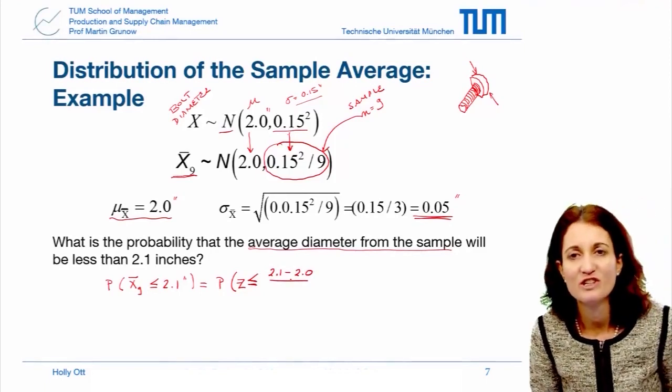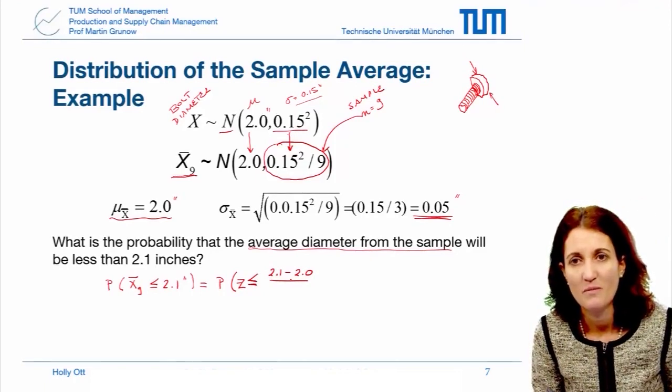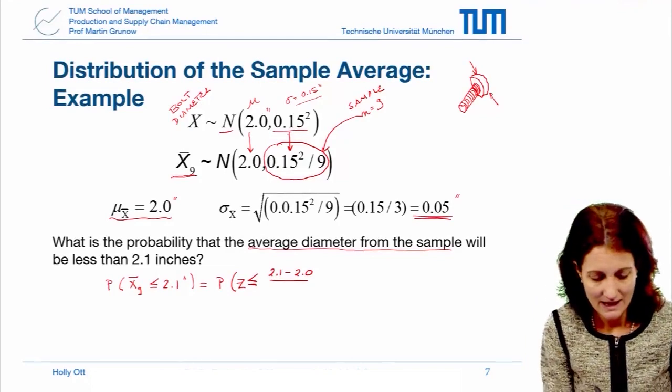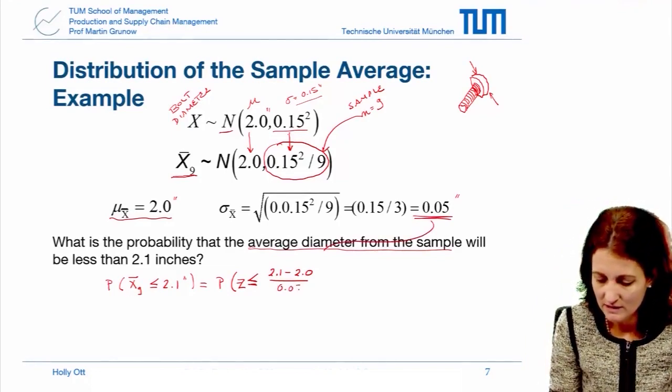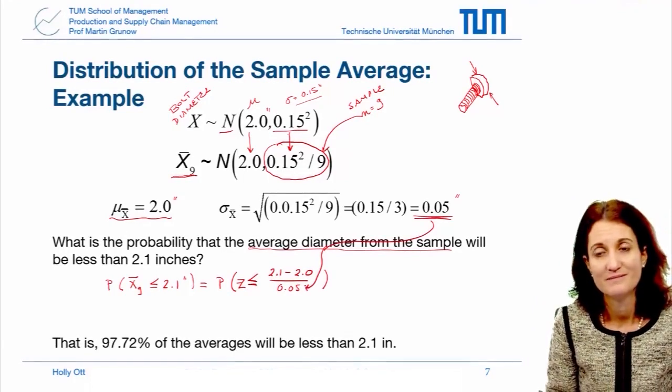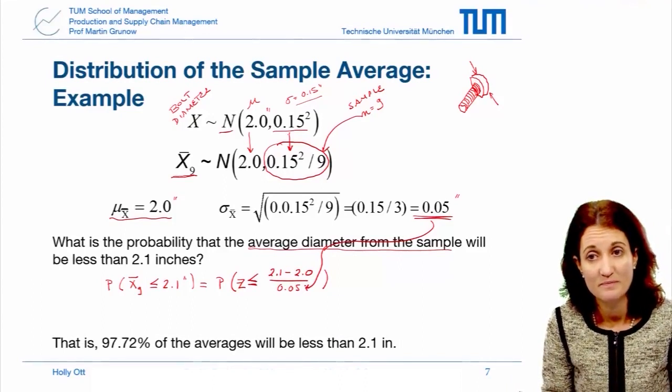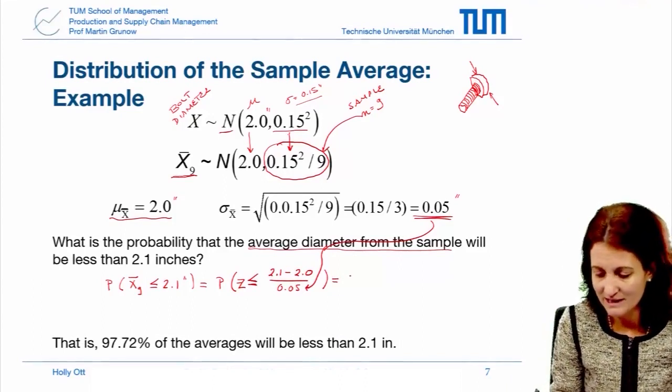But which standard deviation should we use? Because now we're looking at the sample average, so we need to put our sample standard deviation there. That's the only difference from what we did before. And when we do that, this is a nice simple problem.